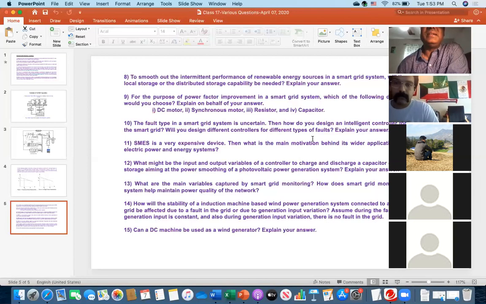The day when it will be a 3-phase short circuit fault, your controller will fail. Do you understand? That's why the answer is, instead of designing different controllers for different types of faults, I will be designing only one controller based on the severest case or severest scenario, and then I will be installing it on the line. So this means it can handle the severe situation as well as all less severe situations.